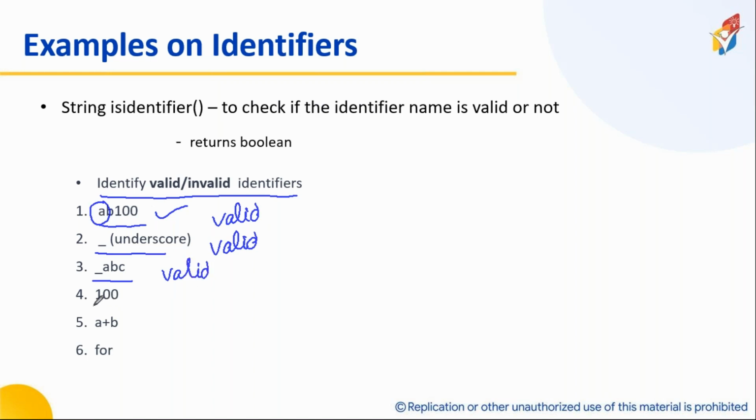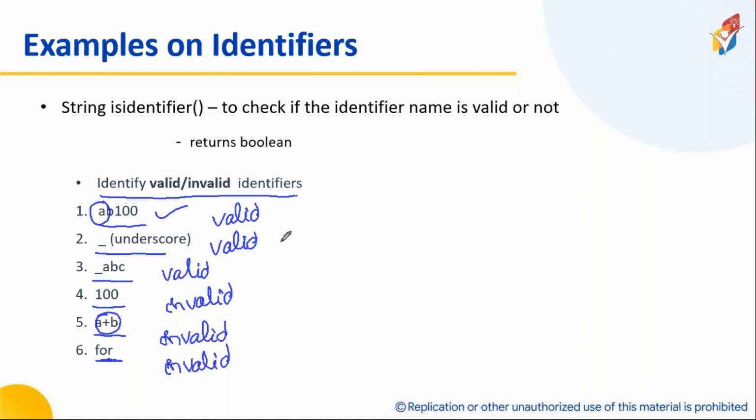Now can you please tell me, 100, is it a valid identifier? It is invalid. Now A plus B, I cannot use special characters. It is also invalid. Now for is a keyword in any programming language, so this is also invalid.